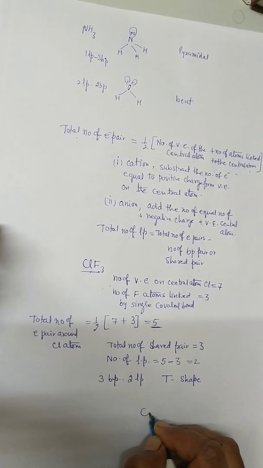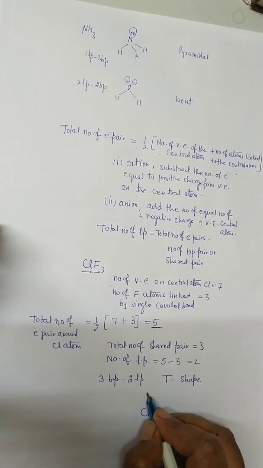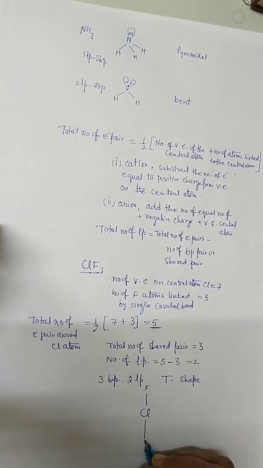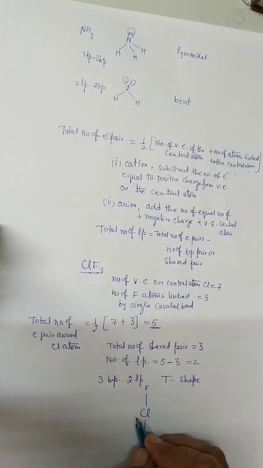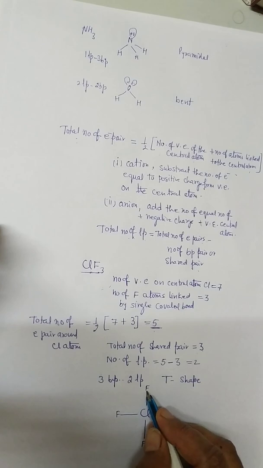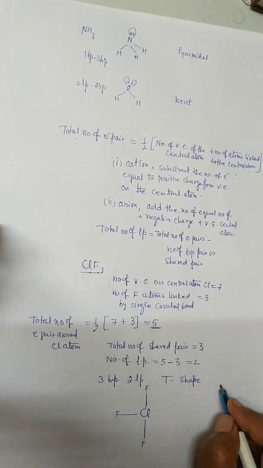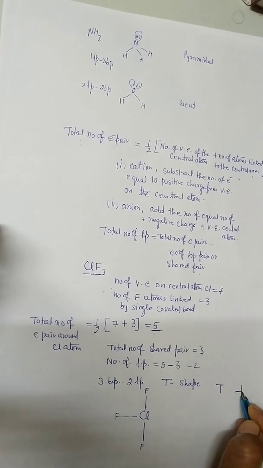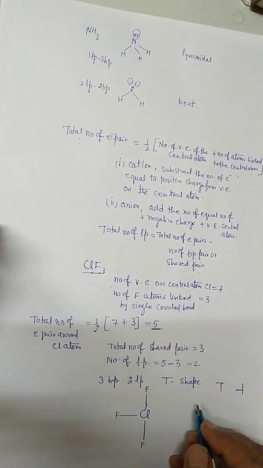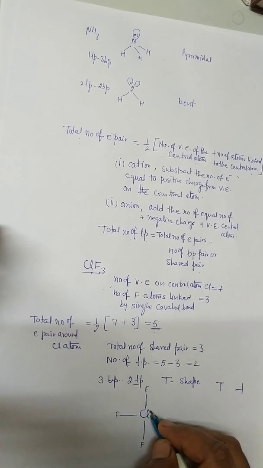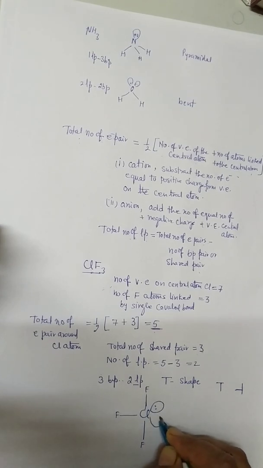The Cl in the center and 1 F at the apex, 1 at the bottom, and 1 F is here. This will give the T shape. It looks like a T, like this. And it has 2 lone pairs.